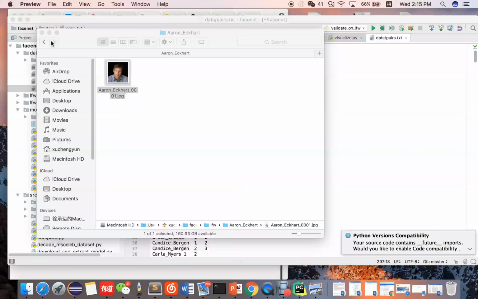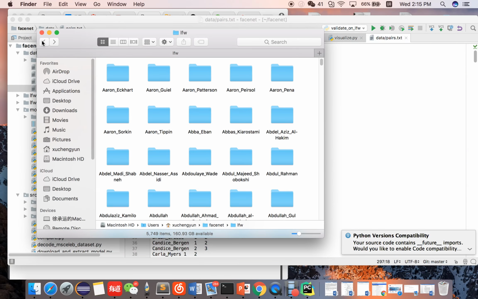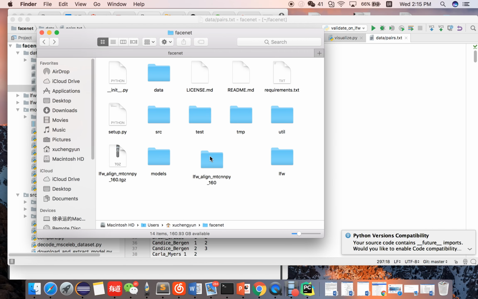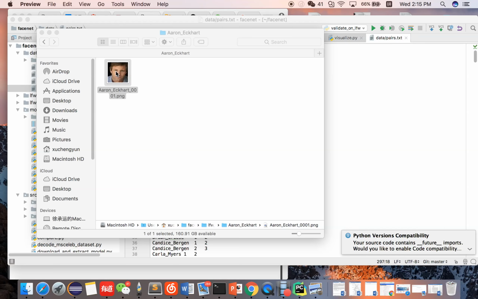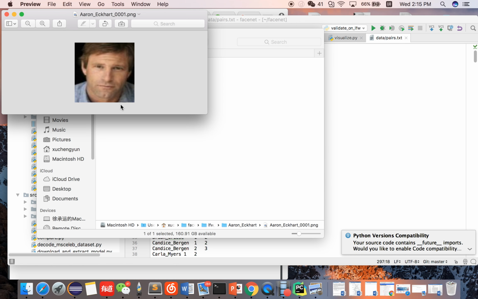After we run the alignment algorithm, we get the pictures realigned, which extract the main features from the original images. And this can help us get better performance in the end.